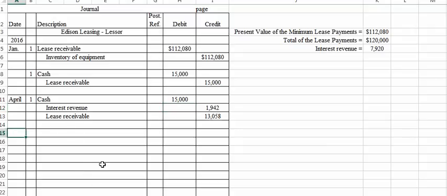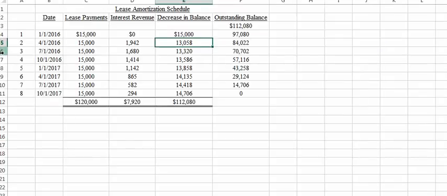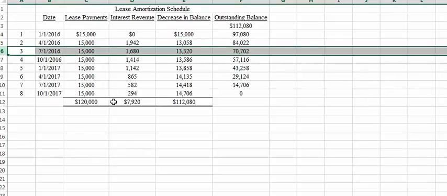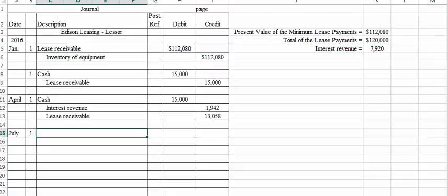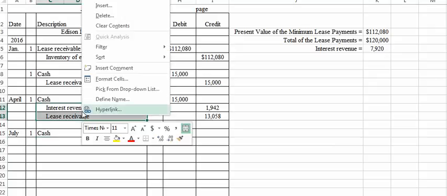So then we'll go to July 1. And we'll come down a row. Alright, first we're going to debit cash for the amount of the lease payment that would be received by Edison Leasing. We're going to credit the same two accounts.